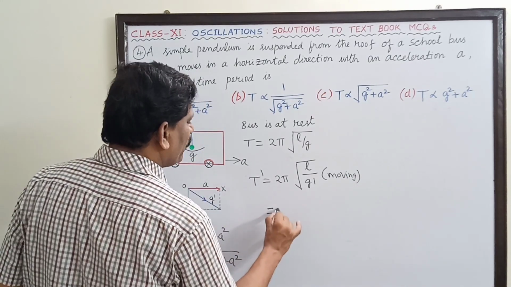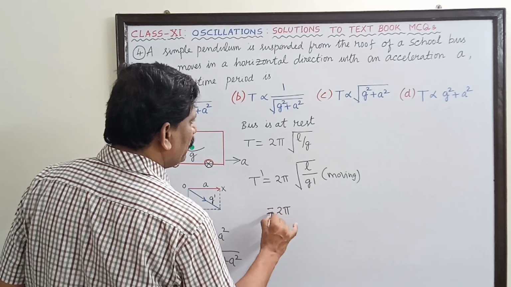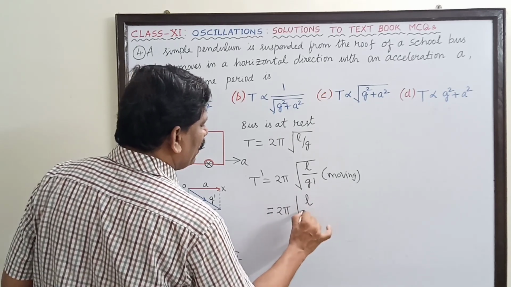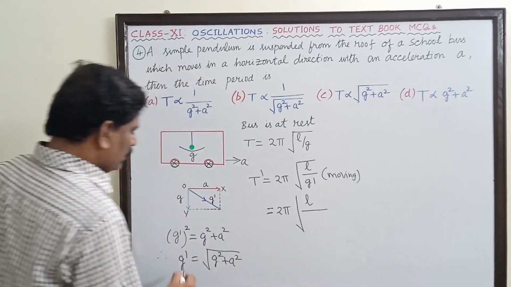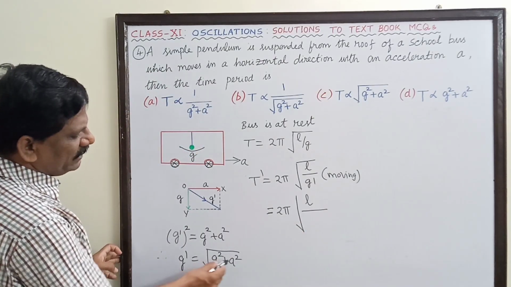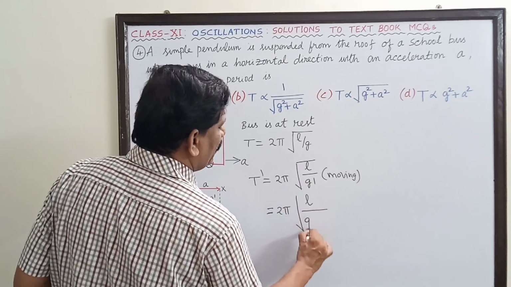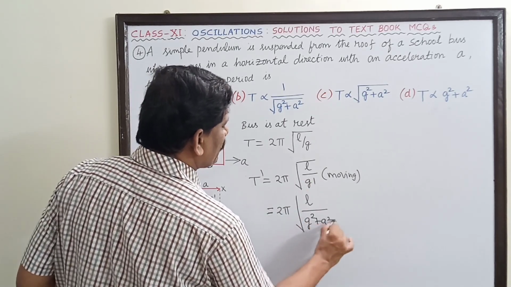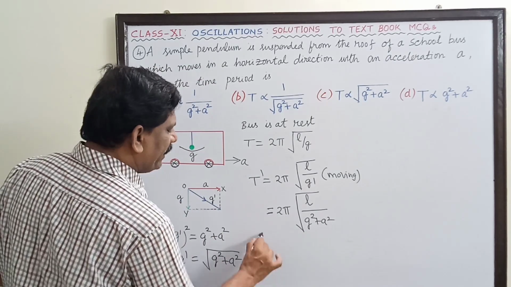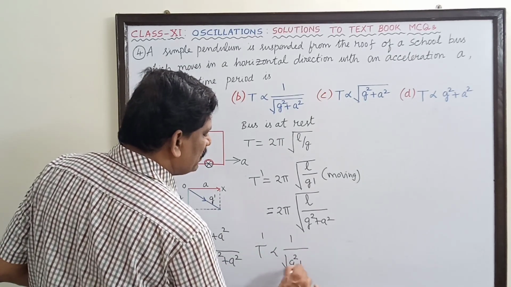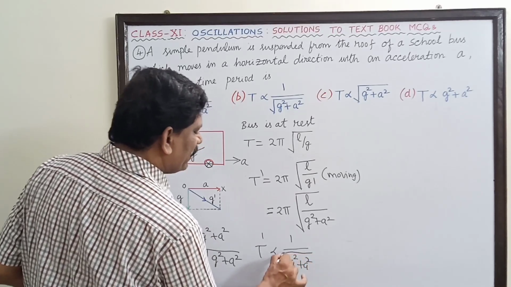So this is now equal to 2π times the square root of L divided by the square root of g squared plus a squared, is it not? So T dash is proportional to 1 by the square root of g squared plus a squared.